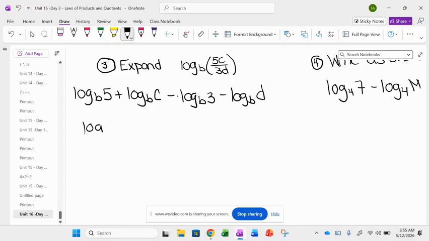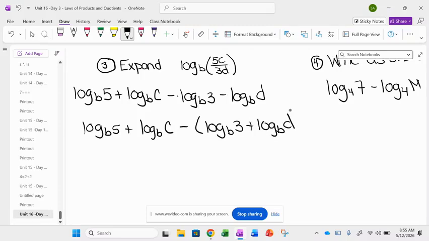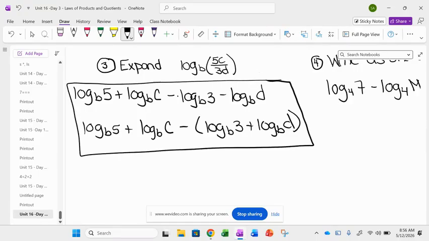If you were to have written log base b of 5 plus log base b of c minus parentheses log base b of 3 plus log base b of d, would I have accepted that also? Yes. Anybody need to see me do this?